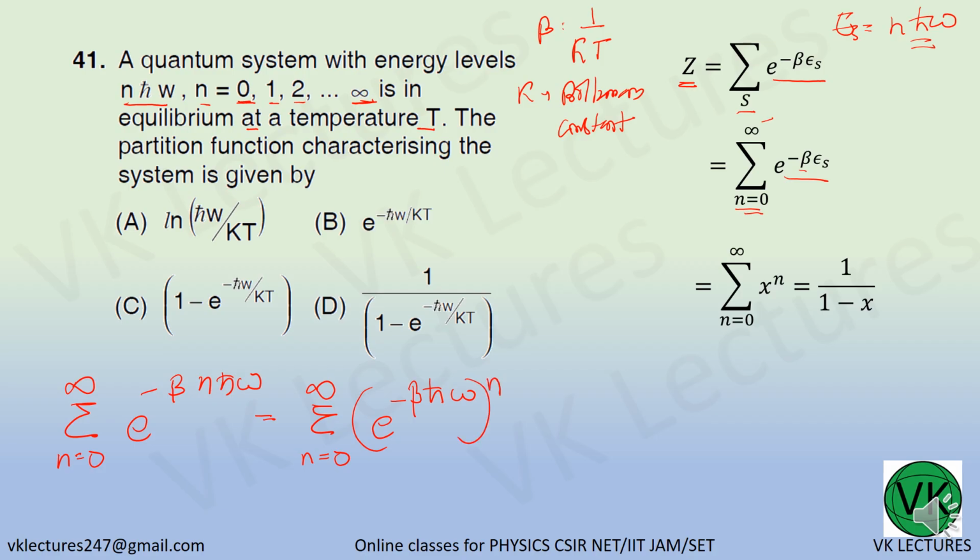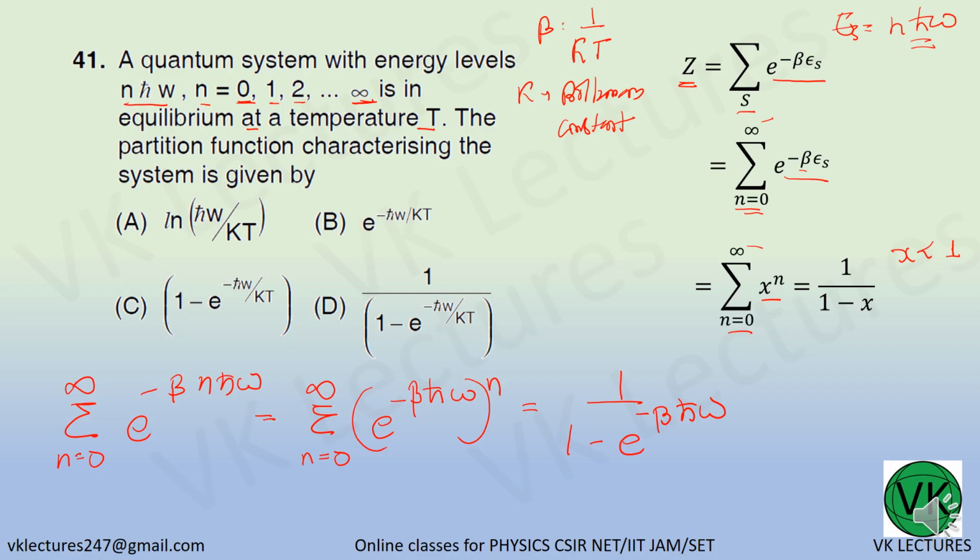Now the sum over n equals 0 to infinity of x power n is equal to 1 divided by 1 minus x. This holds when x is less than 1. Okay. Now that is equal to 1 divided by 1 minus e power minus beta h cross omega.